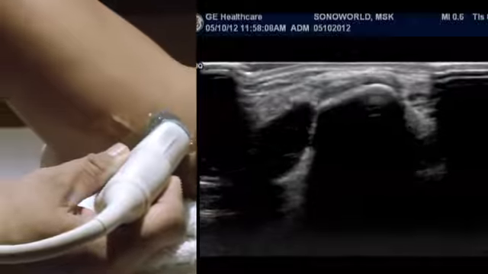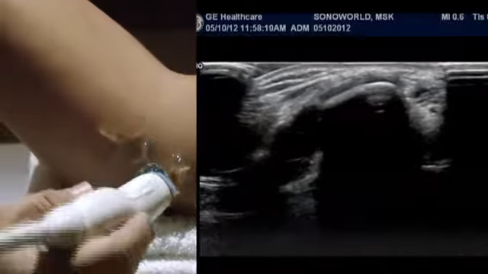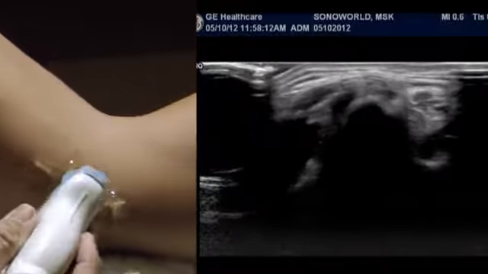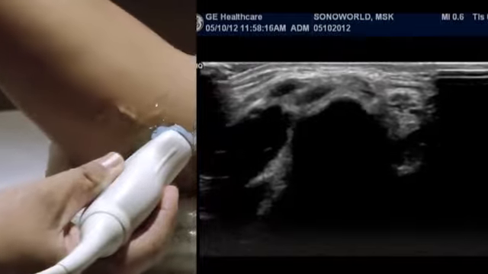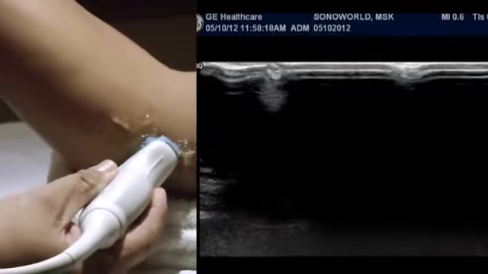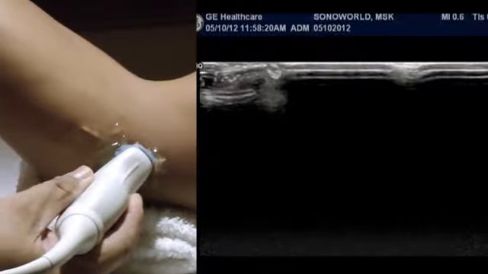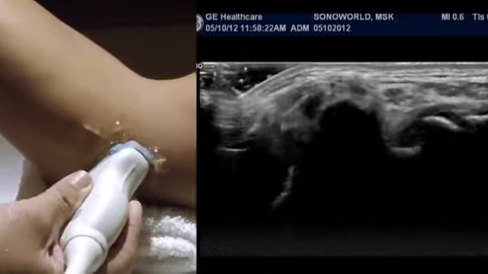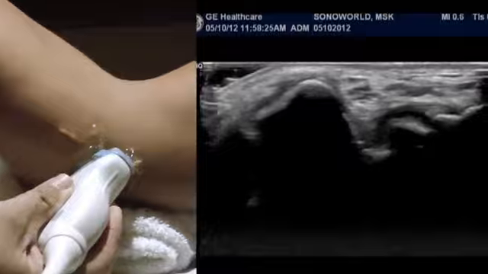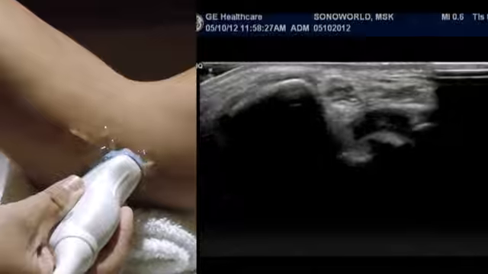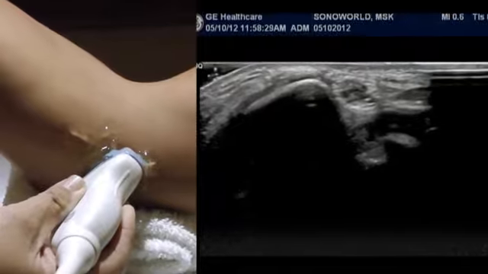I'm going to move the patient a little bit more medially to give me a little bit more space because the table is hampering the cable end of my transducer. Here now you see in the cubital tunnel, right behind the apex of the epitrochlea, a honeycomb structure representing the ulnar nerve within the cubital tunnel.